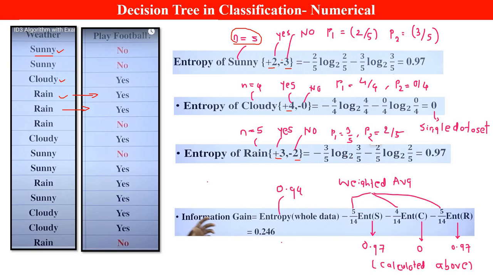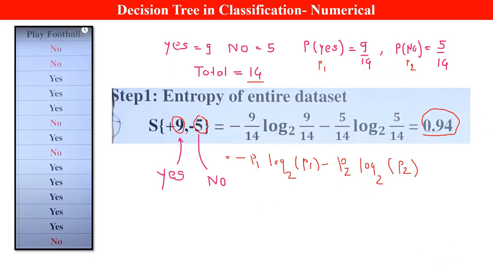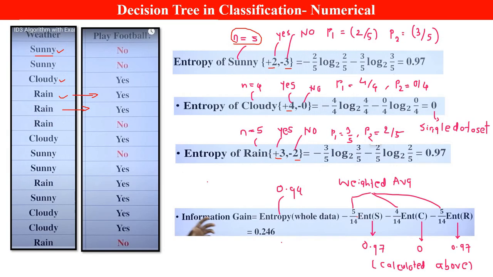Okay, after calculation of the entropy for the individual data sets, then we have to find out the information gain. Information gain is equal to the entropy of the total data set that we have calculated here, 0.94, minus the weighted average multiplied by its entropy. Okay, so for sunny, the occurrence is 5 out of total observations 14.